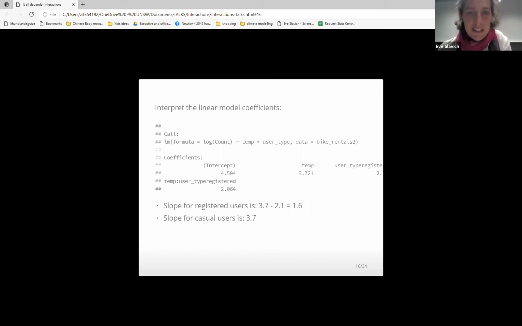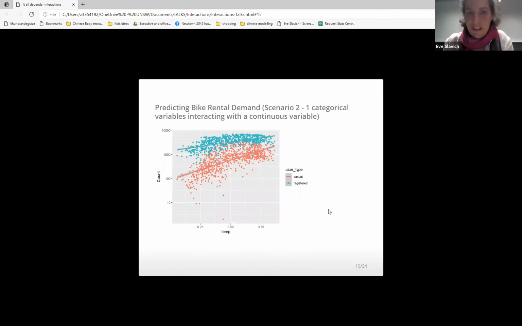So the slope for registered users is 3.7 minus 2.1, rounded a bit. So that's 1.6. And the slope for the casual users is just 3.7. So that's what has been plotted on that plot.